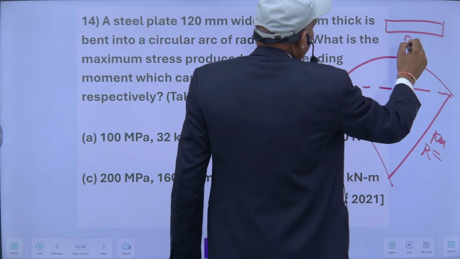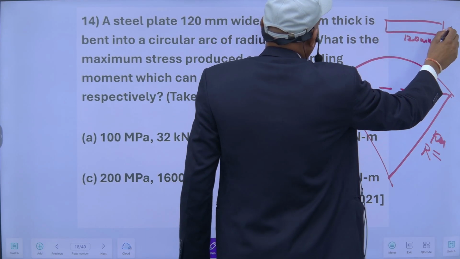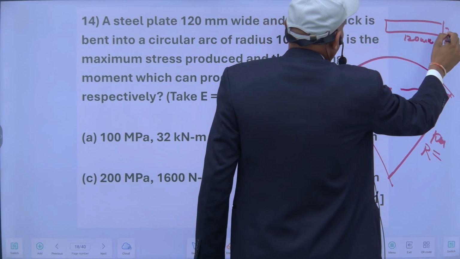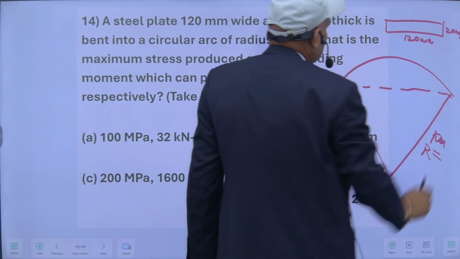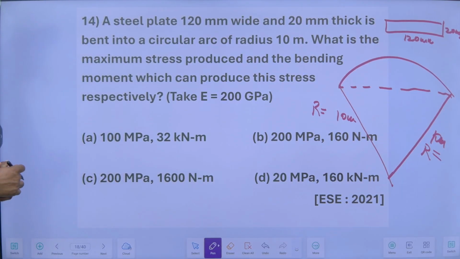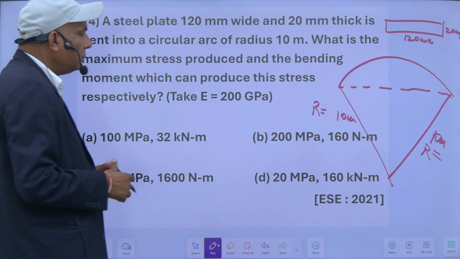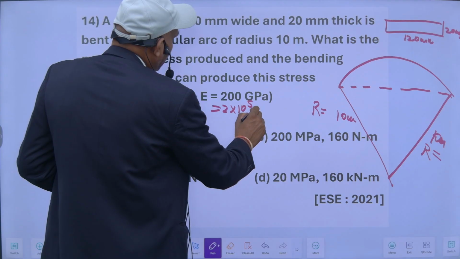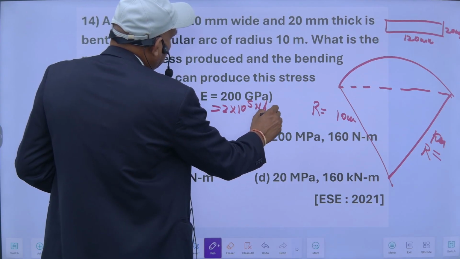This is 120 mm is the width and 20 mm is the thickness. What is the maximum stress produced and the bending moment which can produce this stress respectively? Take E is equal to 200 gigapascal, meaning 2 into 10 to the power 5 megapascal.